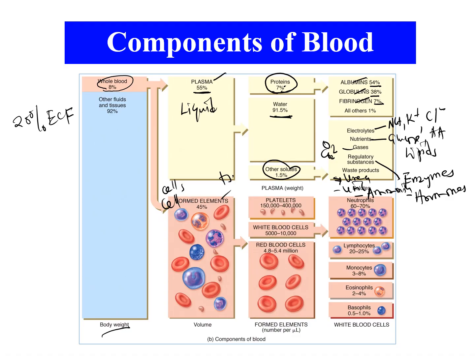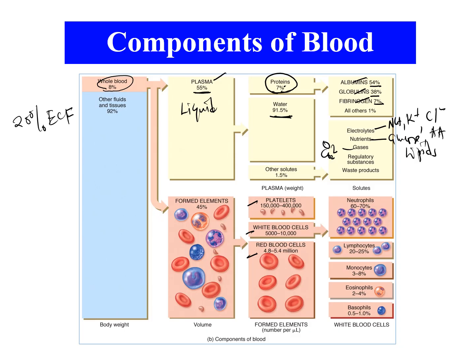When you're talking about formed elements, we have cells such as red blood cells and white blood cells, and we have cell fragments, which are platelets. Remember, platelets are not complete cells, they just break off from a larger cell during production.